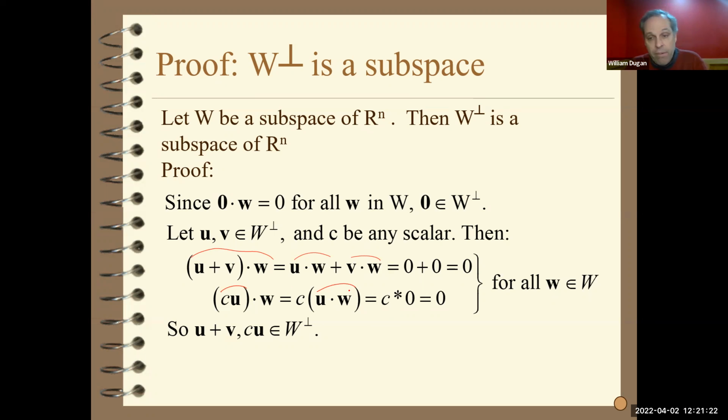This means then that for every vector in W, U plus V is orthogonal to it, and C times U is orthogonal to it. So U plus V is in W perp, and C times U is in W perp. Therefore, W perp satisfies the 3 conditions we need to be called a subspace. And I think that's enough for this video.